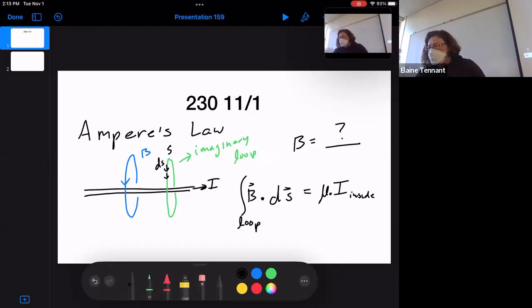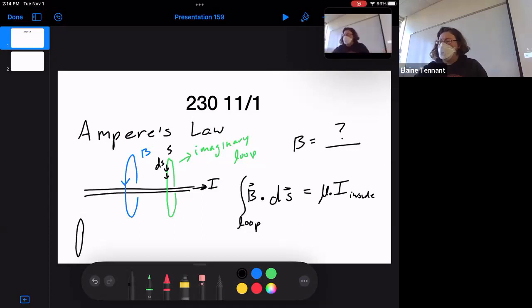Okay, so let's examine this by talking about some extreme cases. For example, what if I just made a loop out in space, like over here, with zero current going through it? Would we expect a magnetic field out there?